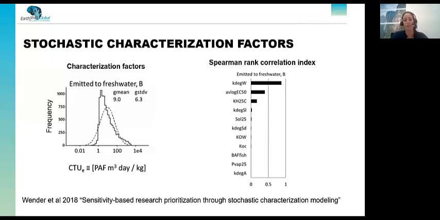Usually when we are developing these technologies, there's a focus on a single thing. And even if we manage to include the whole life cycle considerations, we may still be focused on a single indicator, right? Like climate change, just looking at climate change or just looking at energy. But in reality, there are multiple dimensions of environmental sustainability.